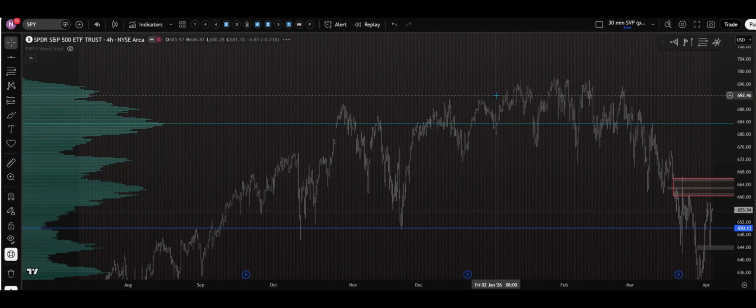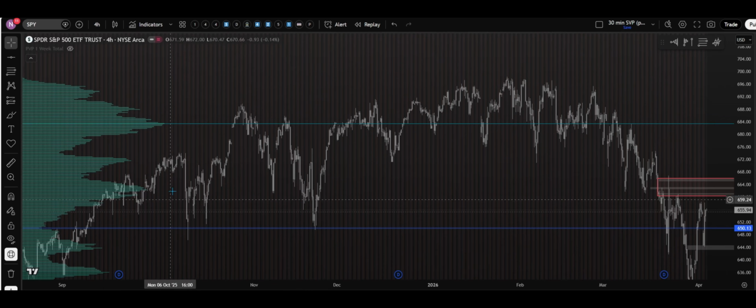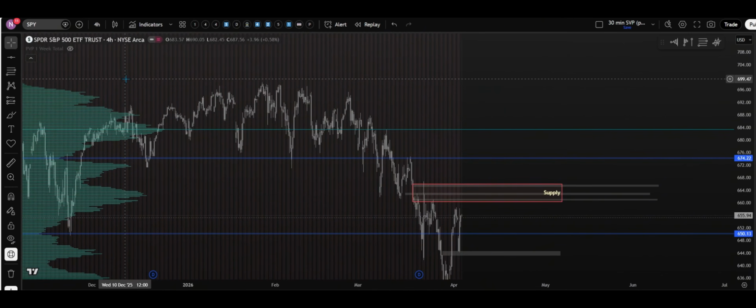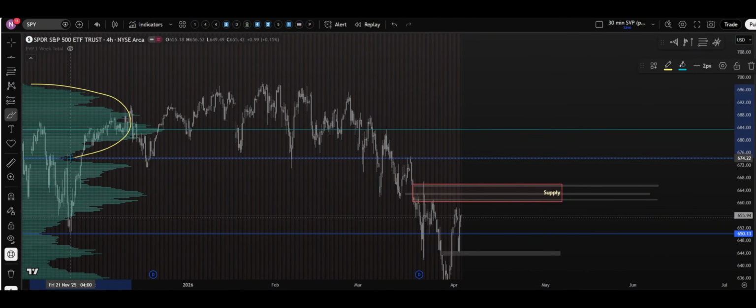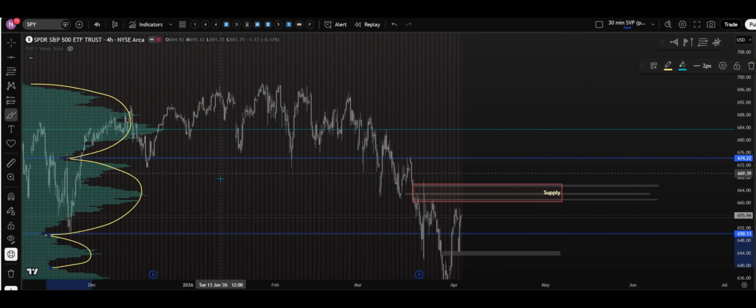Now, let's look at when we can see a new trend actually start to develop. Let's think about it in terms of volume profile. There's this area of trading, there is this area of trading, and so forth down.